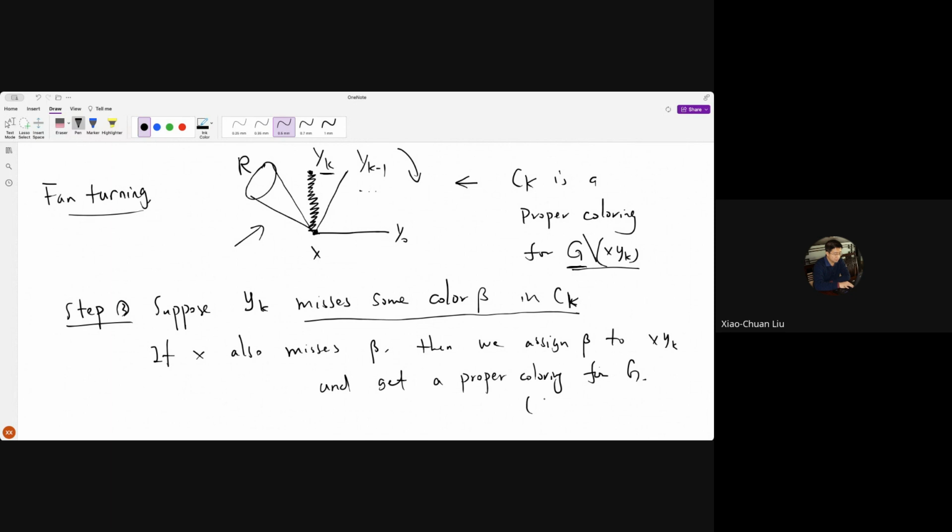So the total number of colors we used is at most delta plus 1.